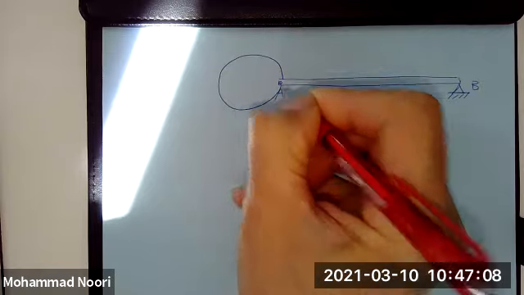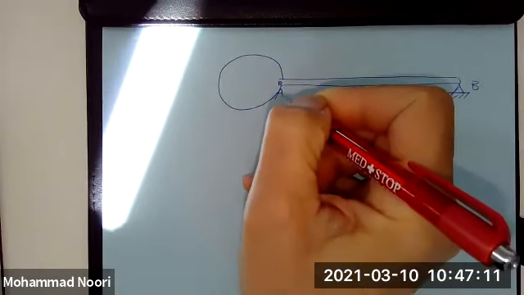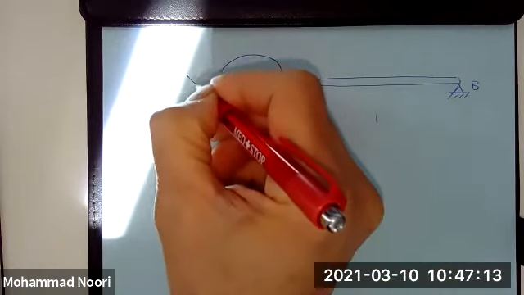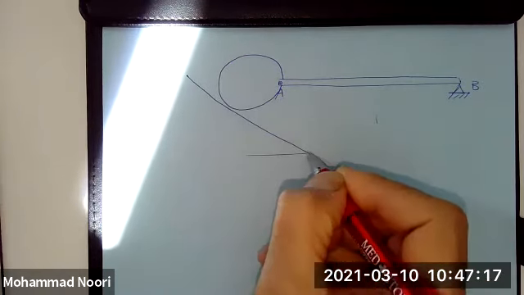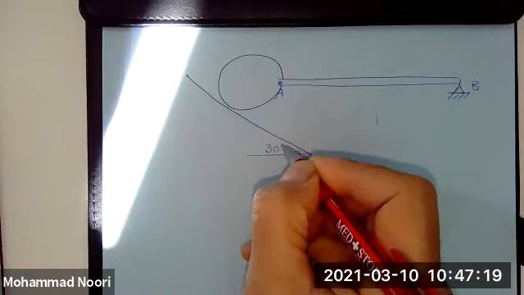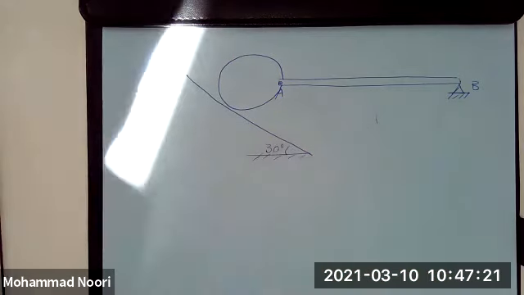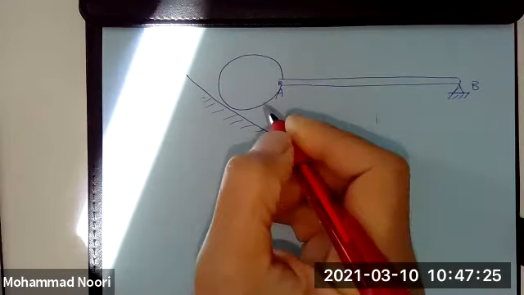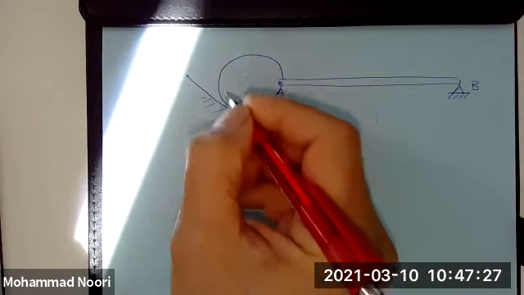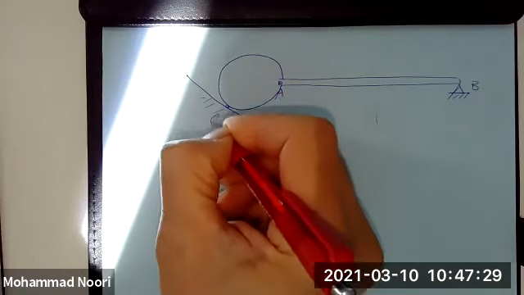The circular disc is resting on an inclined surface, which makes an angle of 30 degrees with the horizontal line. Let's say the point of contact of this disc with this inclined surface is point C.